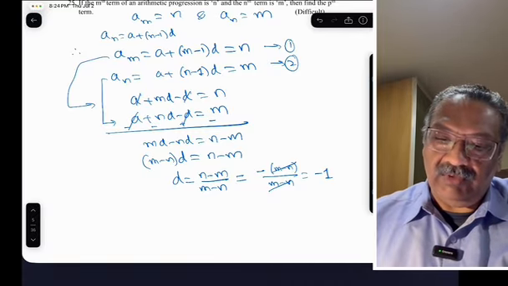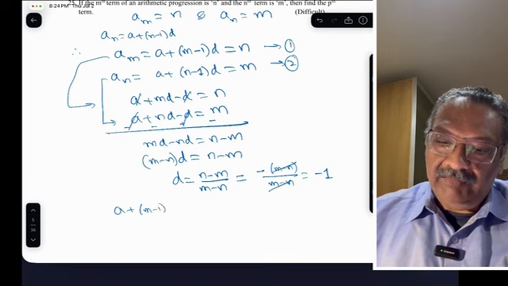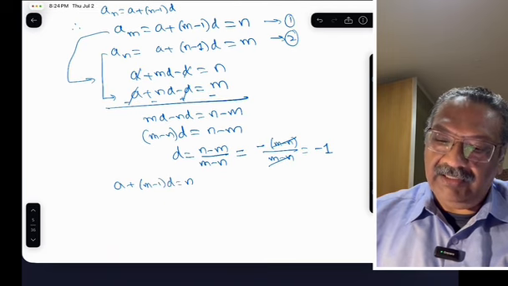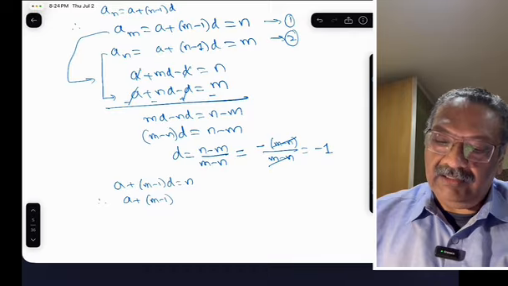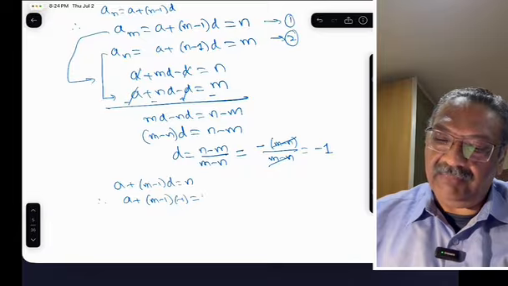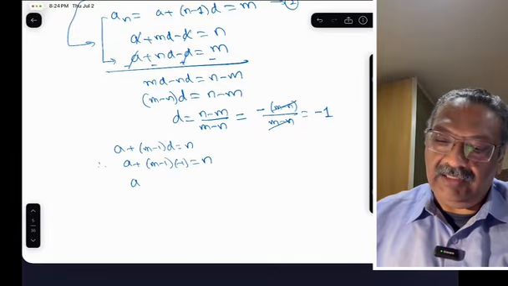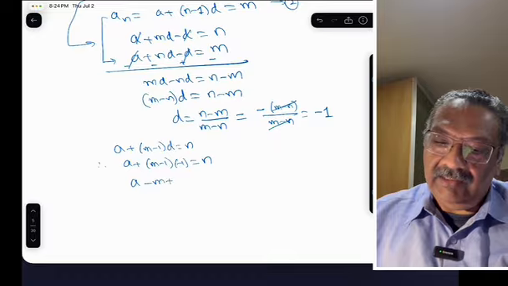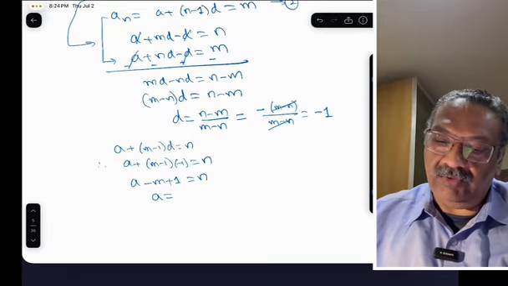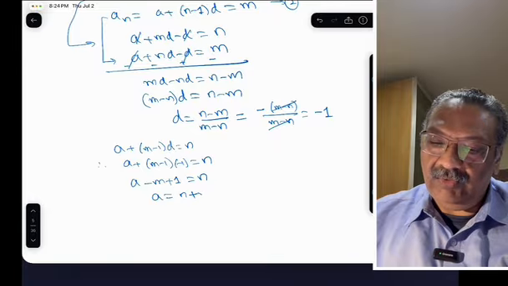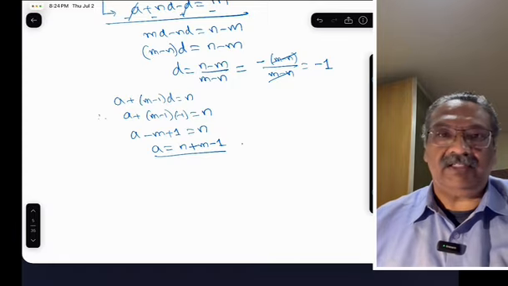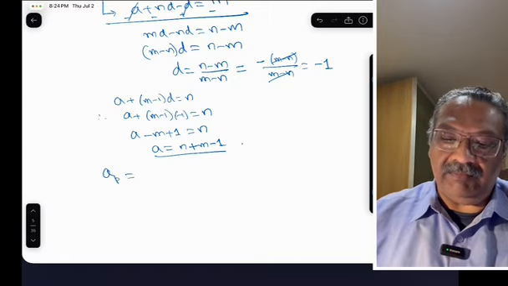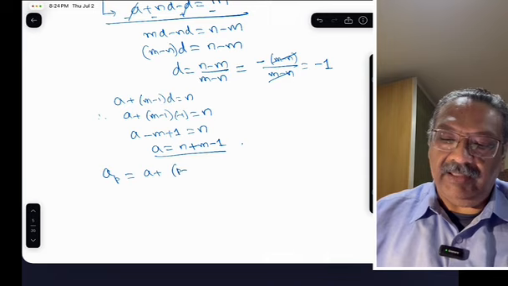If you substitute in any one of them, we get a plus m minus 1 d is equal to n. Therefore a plus m minus 1 into minus 1 is equal to n, or a minus m plus 1 is equal to n. So a is equal to n plus m minus 1. This is the first term. Now what they are asking, what is the pth term? So the pth term will be a plus p minus 1 into d.